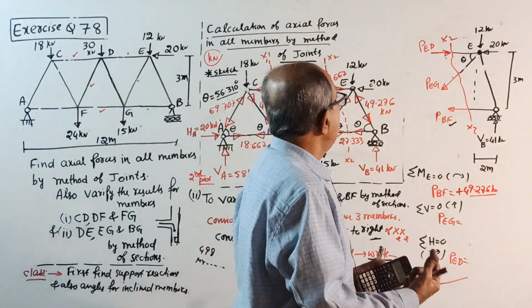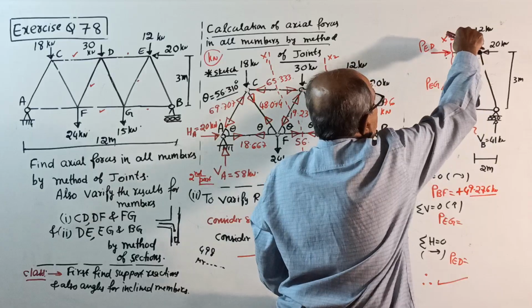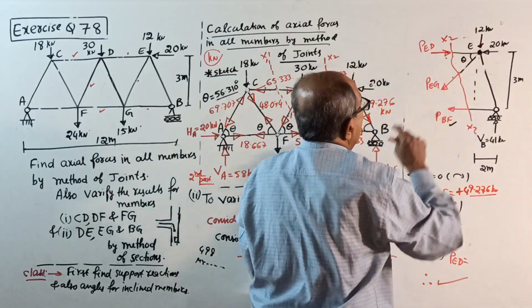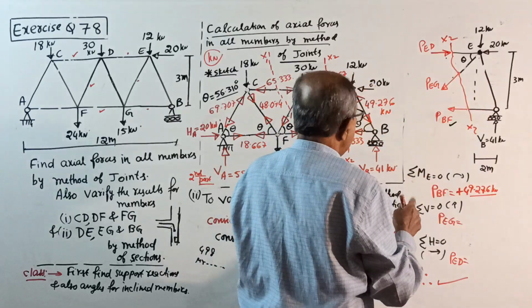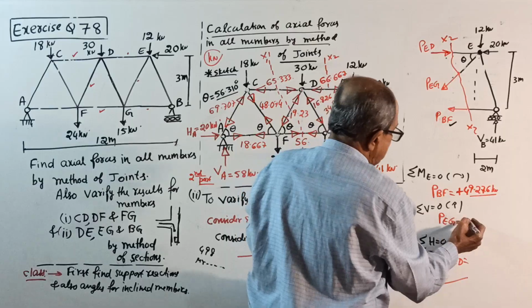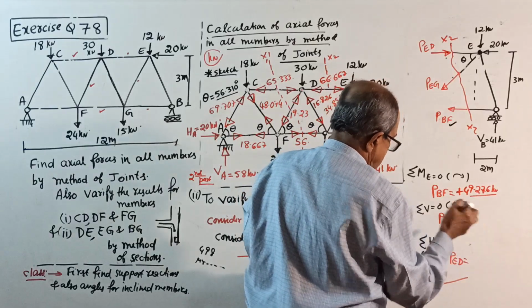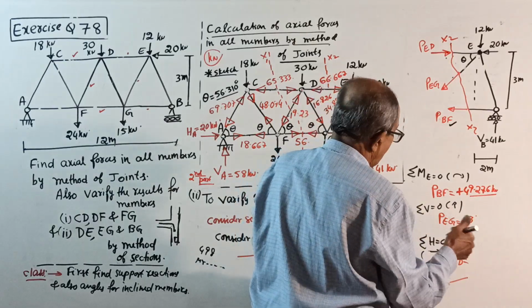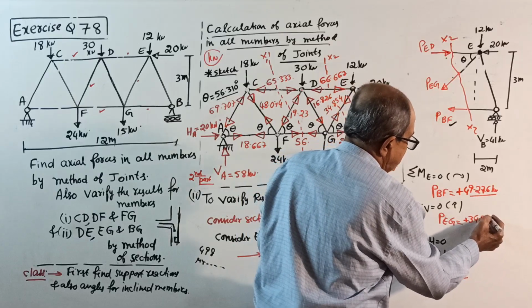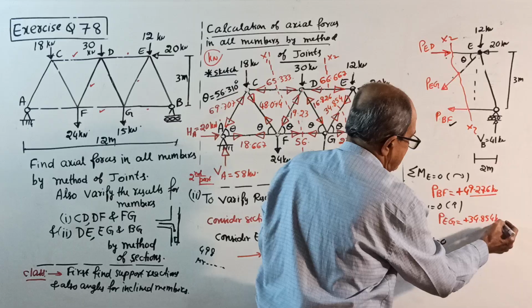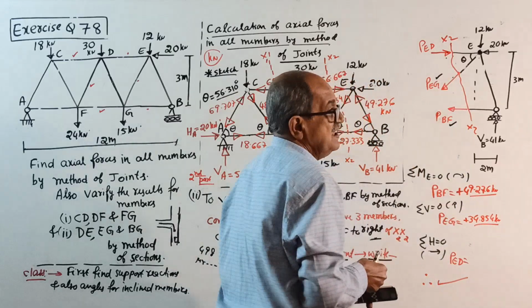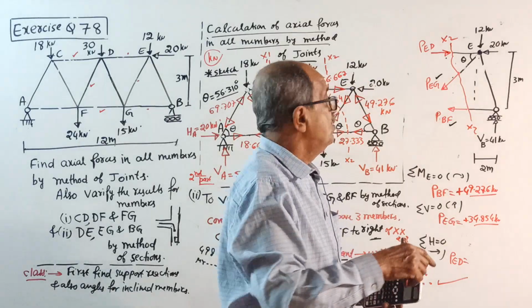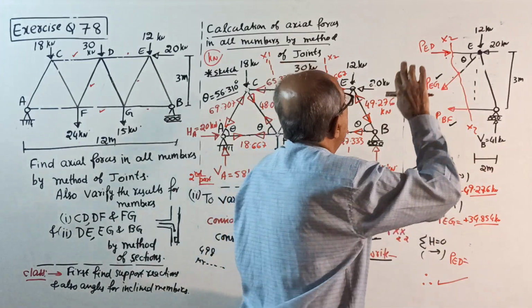Sigma V equal to 0, take upward positive. Minus PEG sin theta minus 12 plus 41 equal to 0, you get PEG equal to plus 34.854 kilonewton. Now PEG also came. Lastly, sigma H equal to 0, take right side positive.